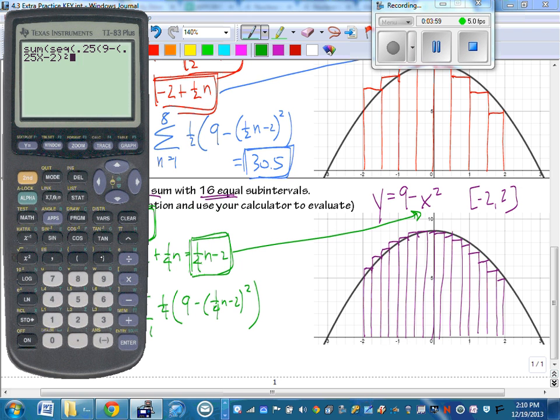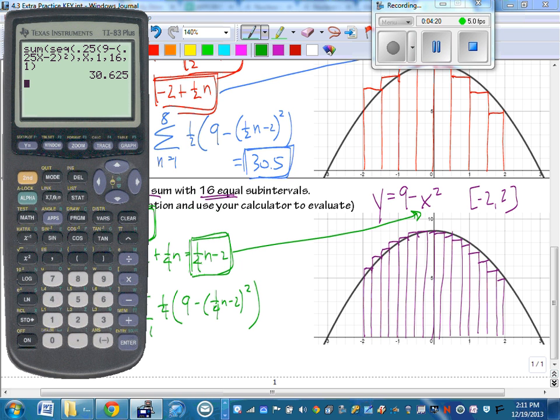And then we want to close out the parentheses for the whole thing, because 1/4 is getting multiplied by all of this. Comma x, comma 1, that's where we're starting from, comma 16, because we're going to 16 equal subintervals, comma 1, because it goes up by 1 every time.